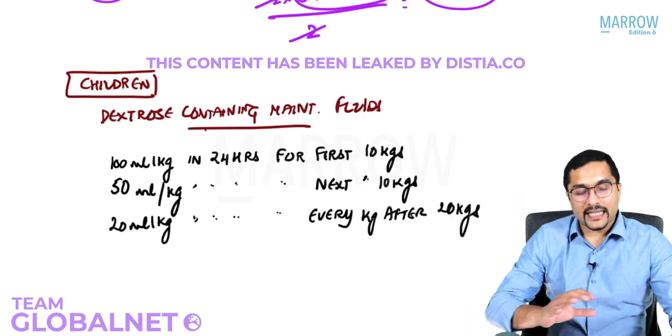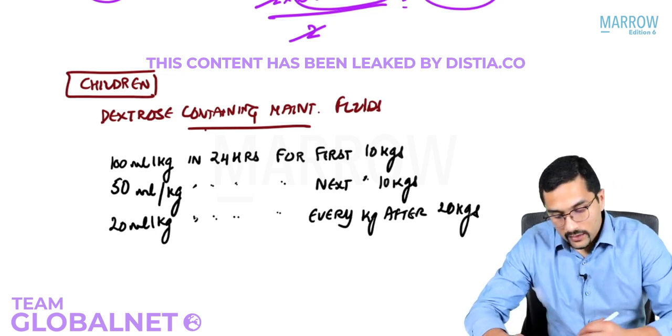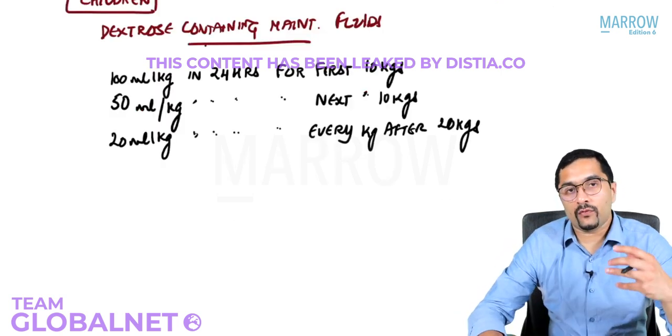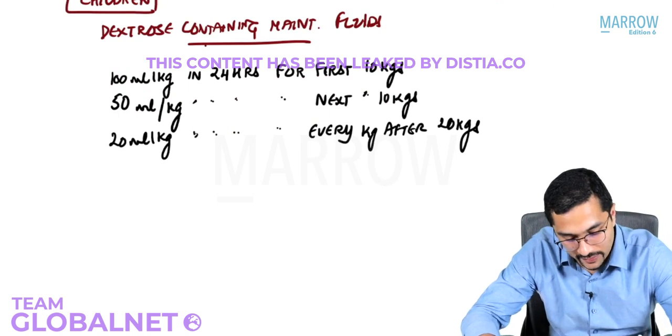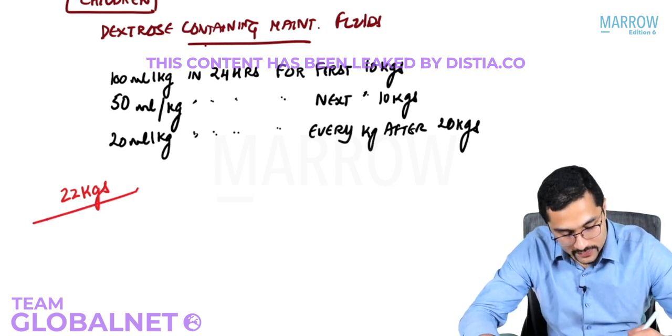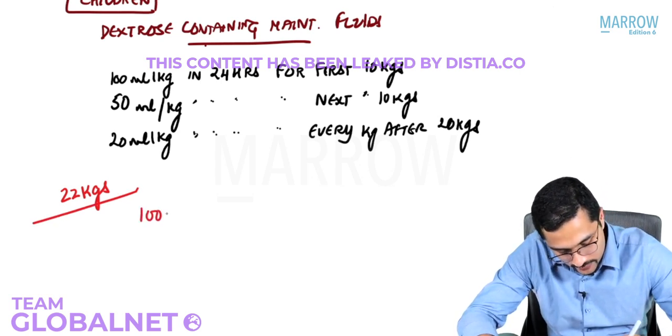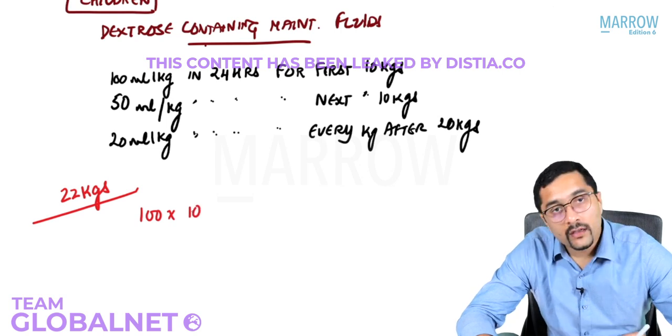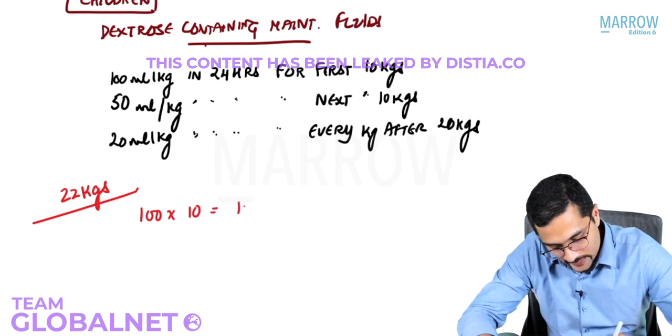Right? So let's just calculate one sample calculation for you to understand how to calculate this value. Let's assume that the child is 22 kgs. For the first 10 kg, it will be 100 into 10, that is 1000 ml.